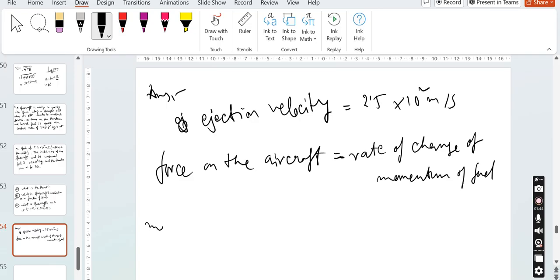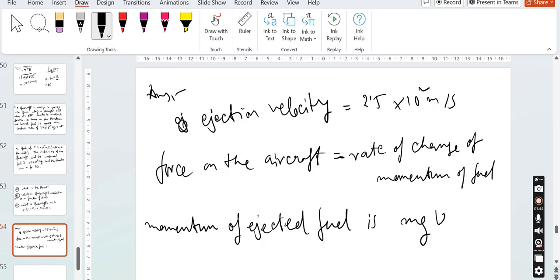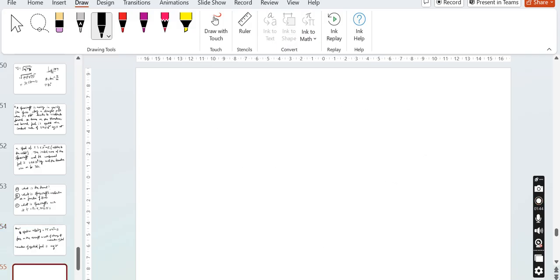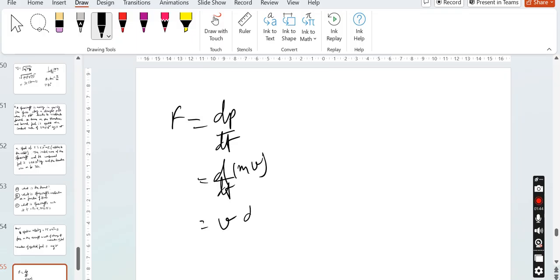The momentum of ejected fuel is basically velocity and mass. And the force, we know F is equal to dp by dt, dp by dt is m into v. V is constant here, so v dm by dt.